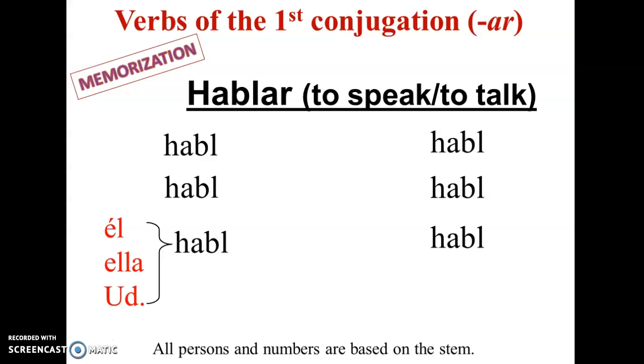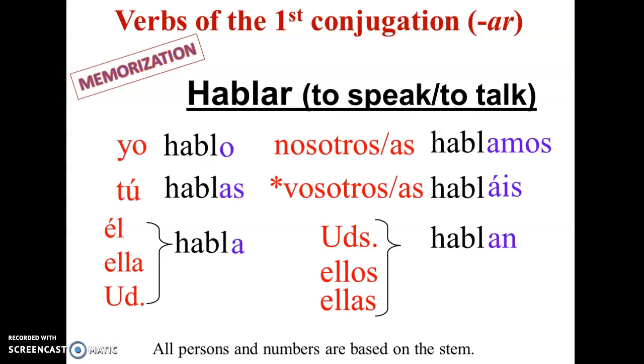So let's see a conjugation here. A very popular verb, hablar, to speak or to talk. Let's see how it is formed. For regular verbs, these endings, like the one in purple or bluish, are the endings they all share. All verbs that end in ar, in the present tense, that are regular verbs, all end like this.